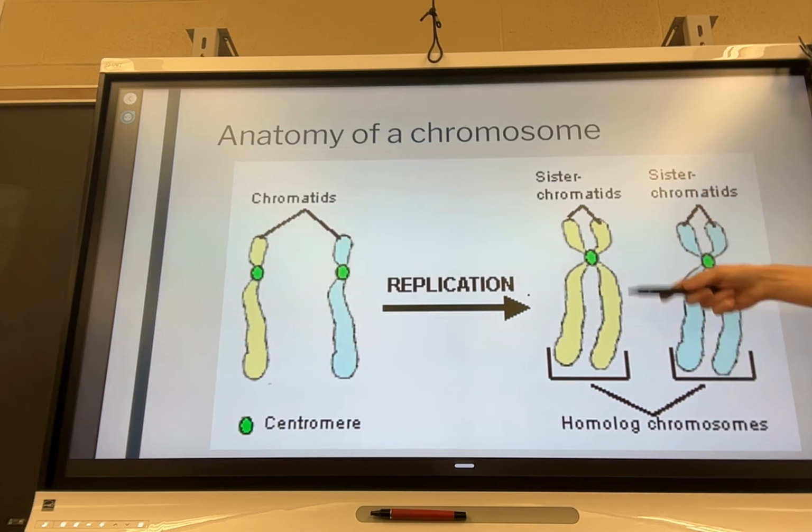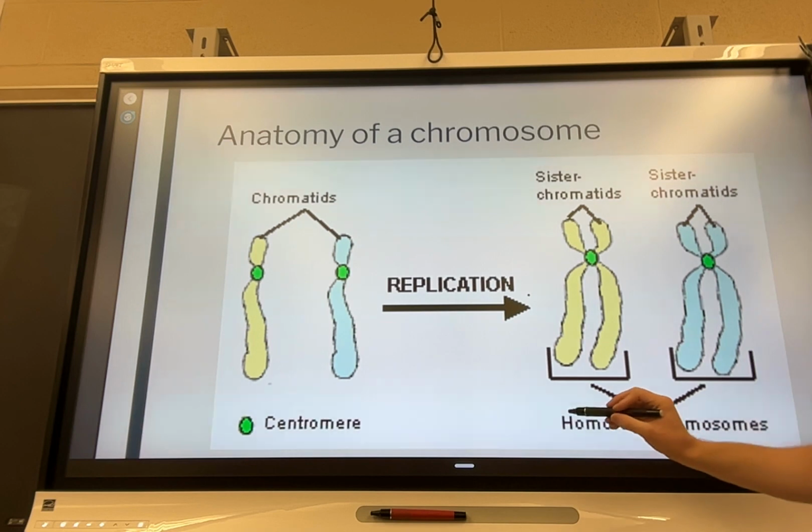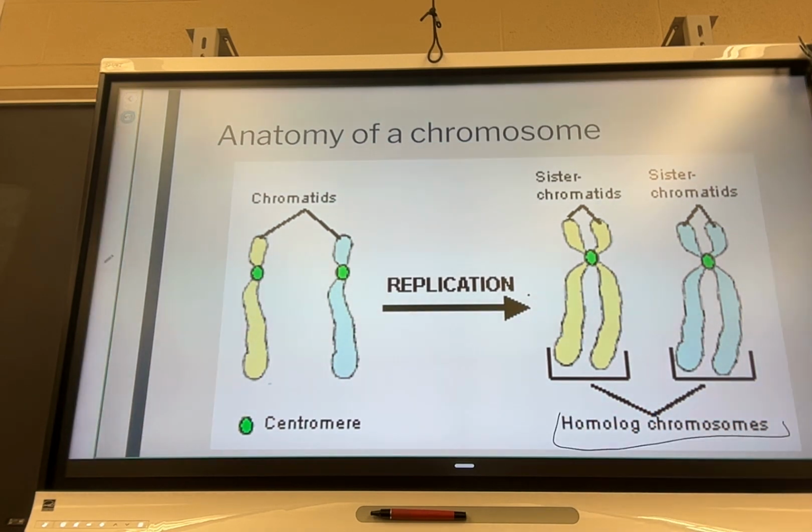These chromatids come together to form chromosomes. However, the one I mentioned before and did not cover too much, homologous chromosomes, we are going to be talking about a lot more today. So homologous chromosomes are going to be very important with meiosis because we're going to do some stuff with them that we did not do in mitosis.